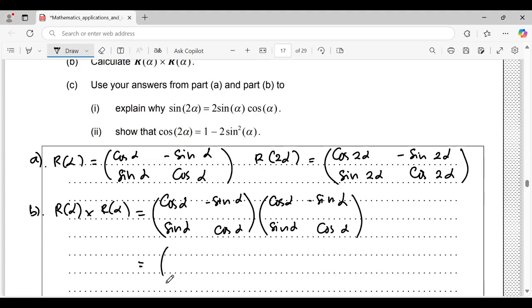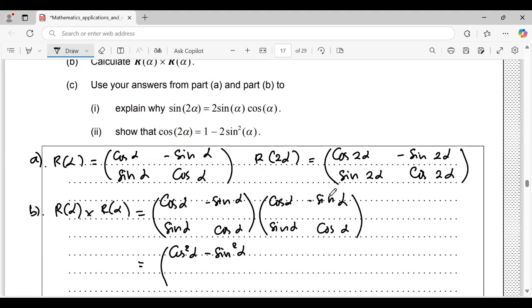And the result is: cosine alpha times cosine alpha becomes cosine squared alpha, and then minus sine alpha times sine alpha is minus sine squared alpha.